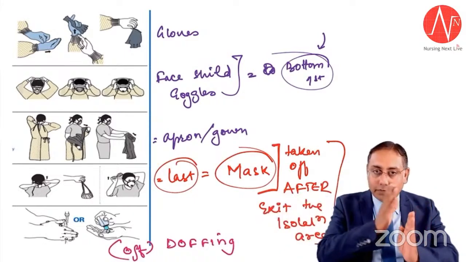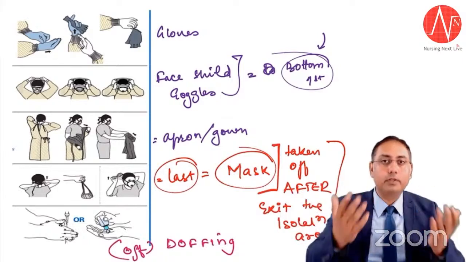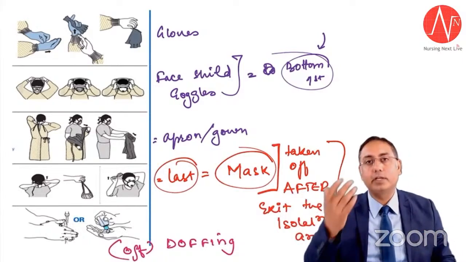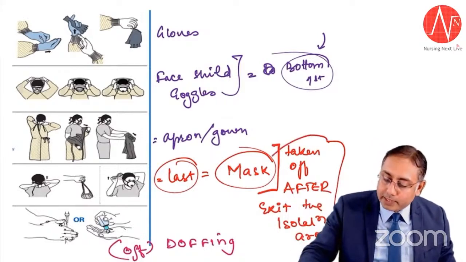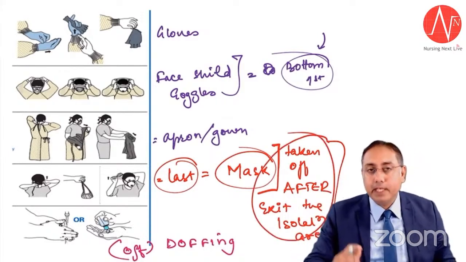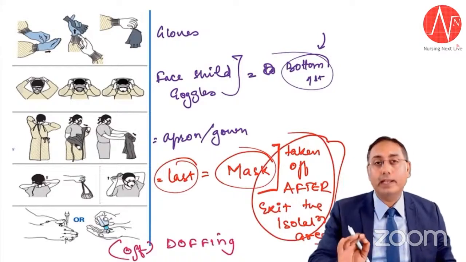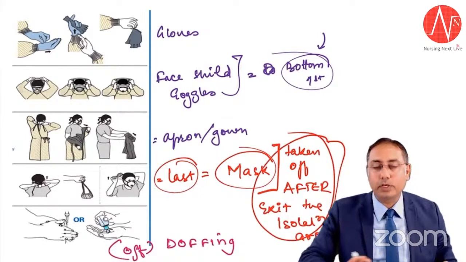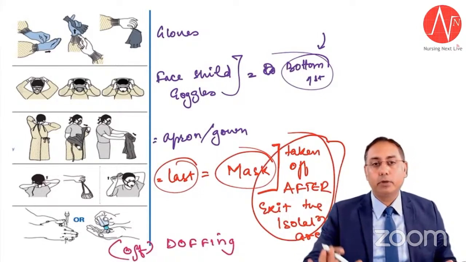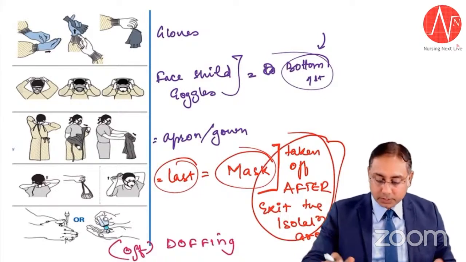Usually we take off the mask after exiting, within the first and the second door. So please note that after you exit the isolation area, then you take off the mask. Never take off the mask within the patient's room. That is most important in the airborne mode of precautions.